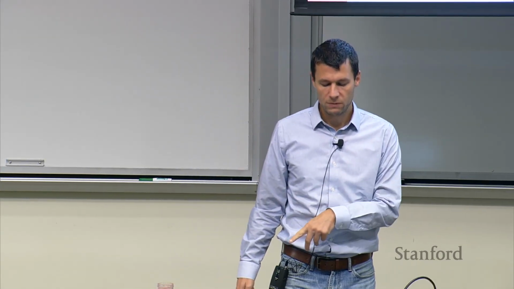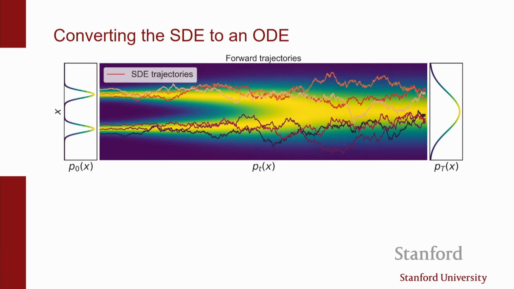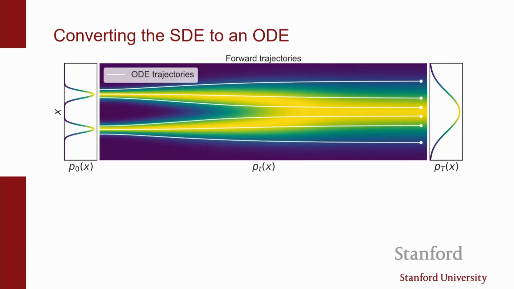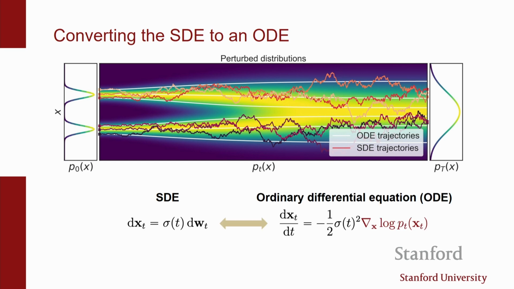DDIM is a different beast. DDIM works by converting, let me skip this, but it basically converts the SDE into an ODE. I guess we're out of time, but it turns out that it's possible to define an ordinary differential equation that has the same marginals at every t as the original stochastic differential equation that we started from.